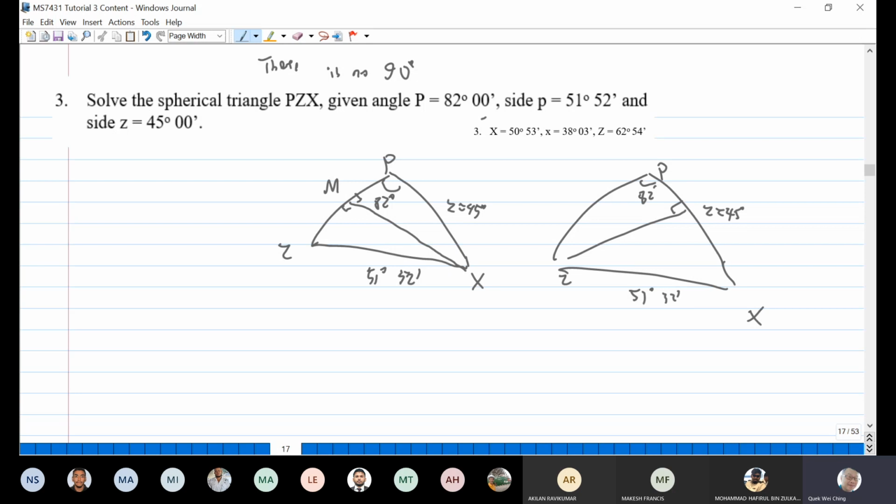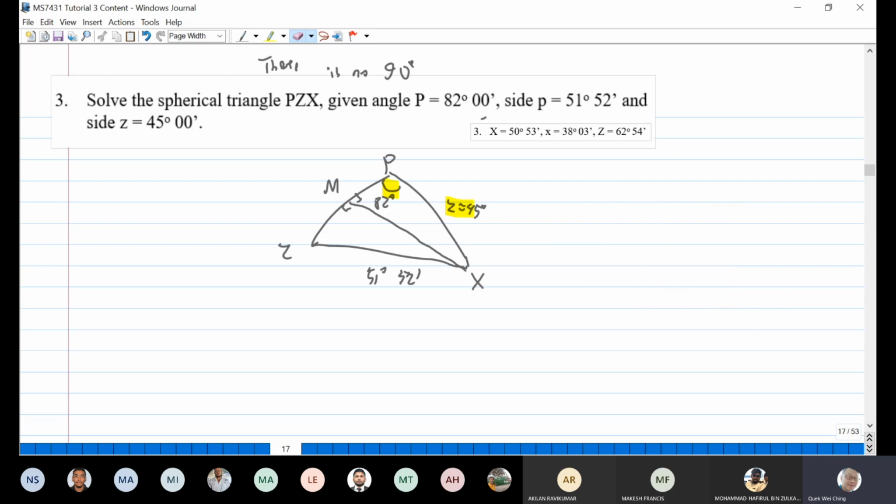You don't have at least two pieces of information inside one triangle. This earlier split is good because each triangle contains at least two pieces of information. Whereas here you only have one side in each, and Z equal to 45 cannot belong to either triangle. So split them correctly, otherwise you cannot do the Napier's view.